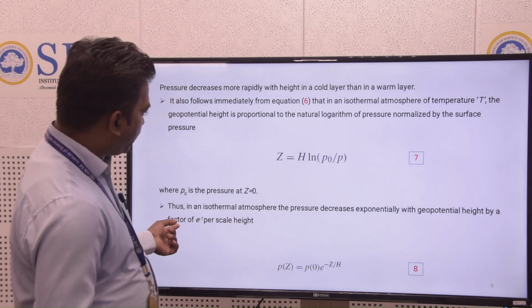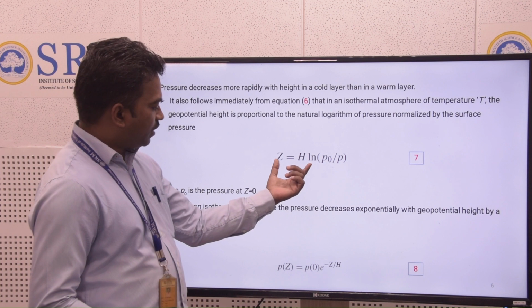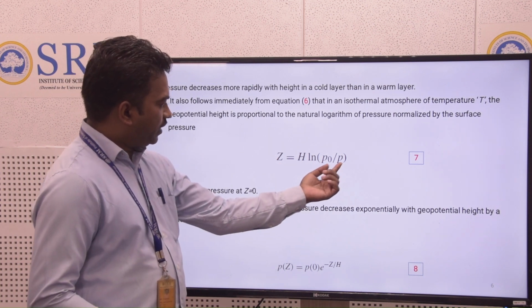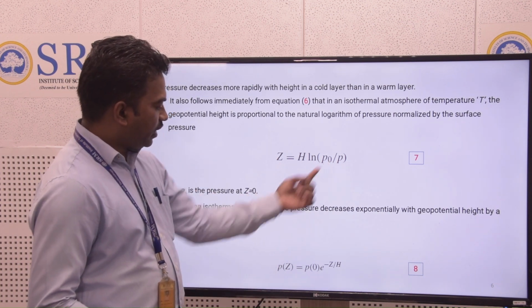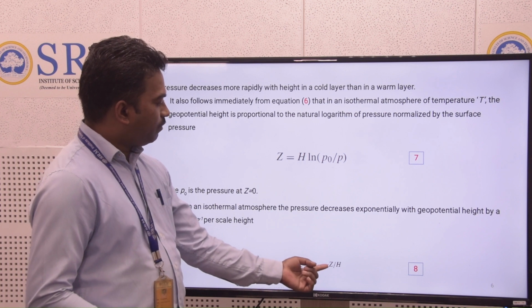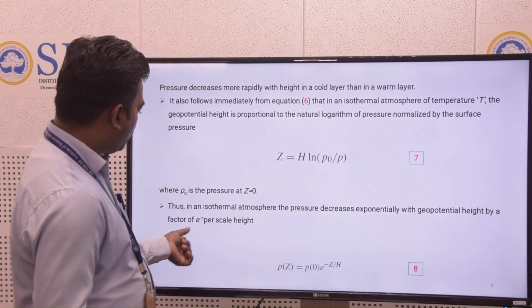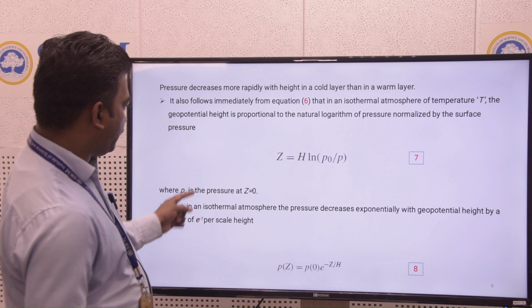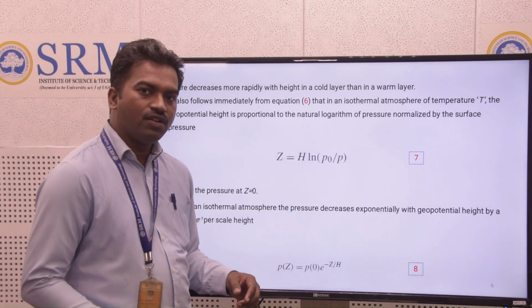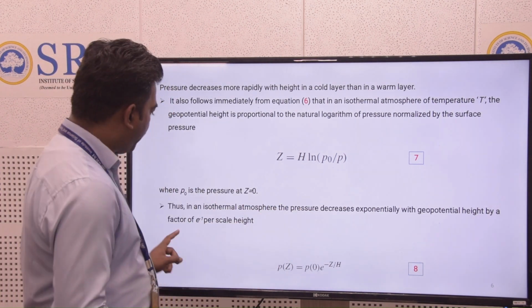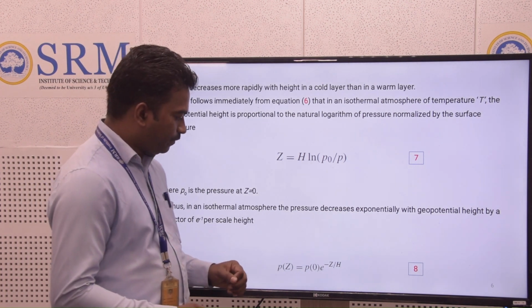How can we say that? From this expression I can take out P of Z, so that I get P0 into e power minus Z by H. So the pressure decreases exponentially with the geopotential height by a factor of e power minus 1.